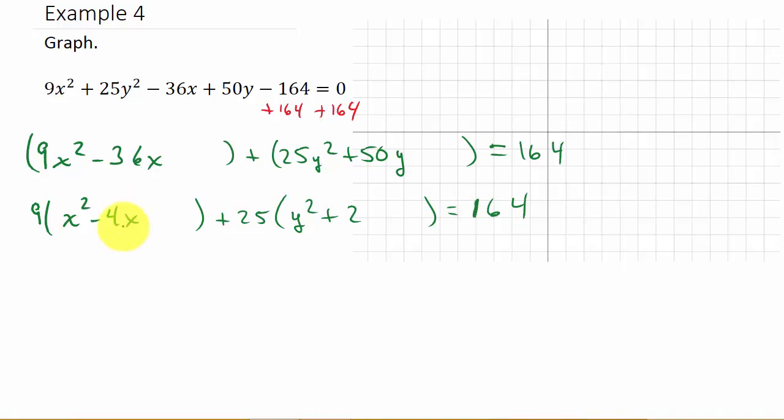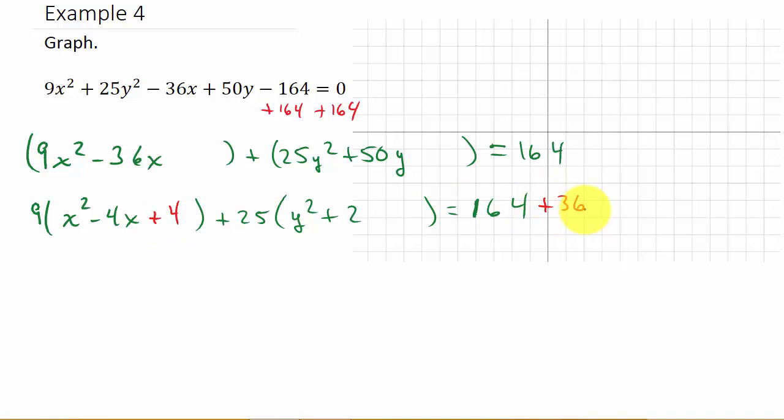Alright, so now for this, I'm going to complete the square. I'm going to take the 4 and half it. When you half the 4, you get 2. You square 2 and you get 4. So since I added 4 here, I need to come over here and add 36.